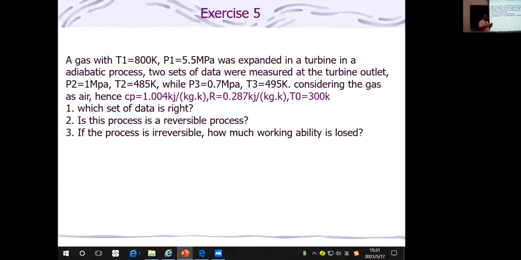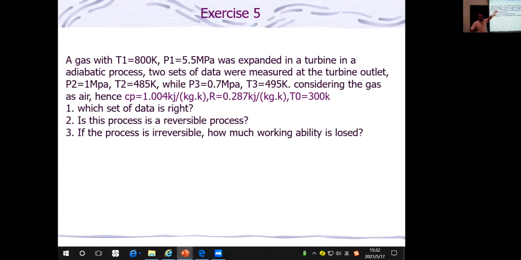Is this process reversible or irreversible? So now I think you know what kind of knowledge we need to employ here to solve this problem. Maybe it's a Carnot cycle, Clausius inequality, and maybe it's the entropy flow and entropy generation.